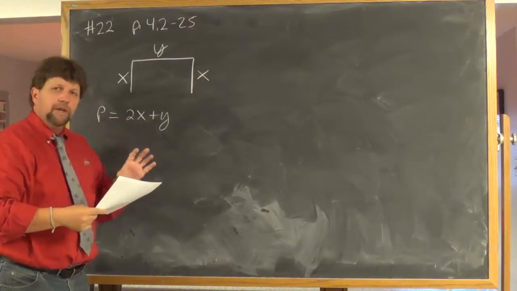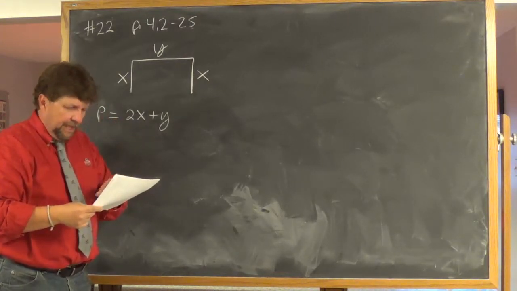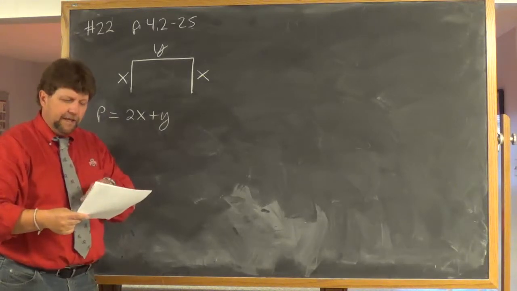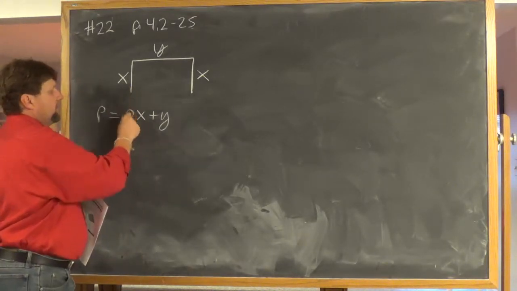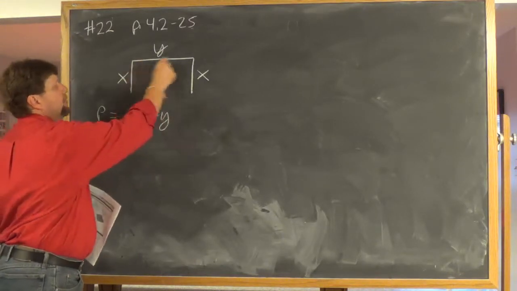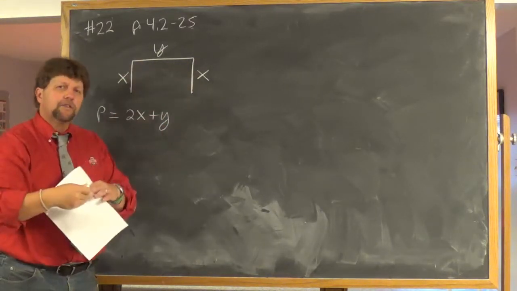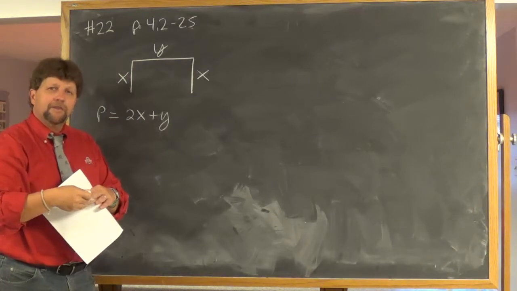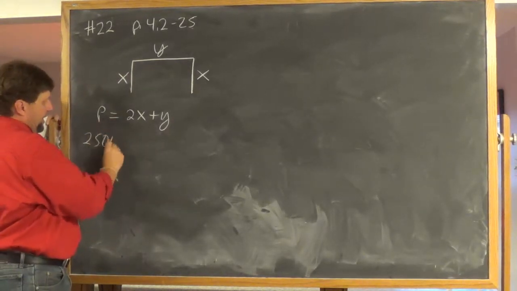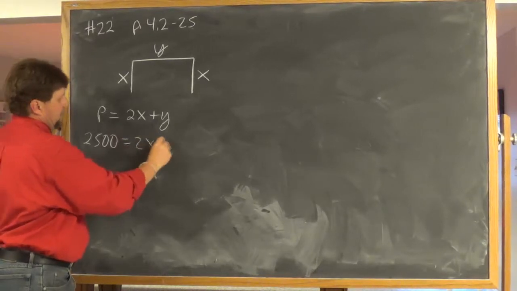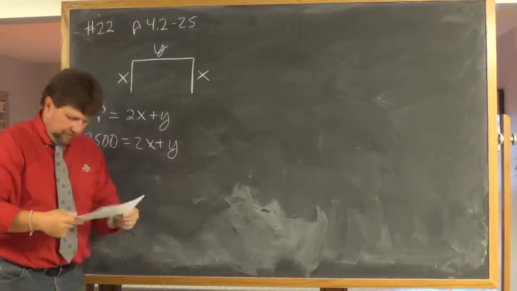But wait a minute, we knew he has 2,500 feet of fencing available. So that means the 2x plus y has to total 2,500 feet. So why don't we put a 2,500 in here for the P? Alright, that's kind of cool.